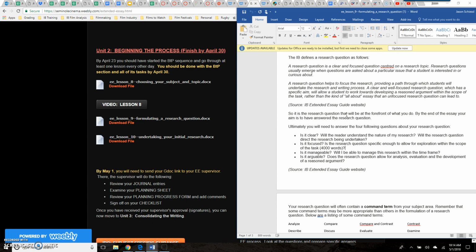All right, so if your research question, which is one of the very first things the examiner is going to take a look at, is unfocused, unclear, doesn't involve an approach to research, it is not argumentative, then the examiner is going to be forced to question your work and your ability to articulate what you are trying to express through these 4,000 words, all because the research question has not provided the writer a fine-tuned path to explore.